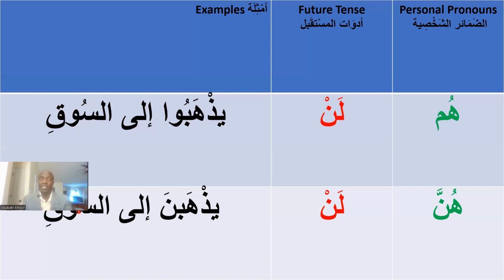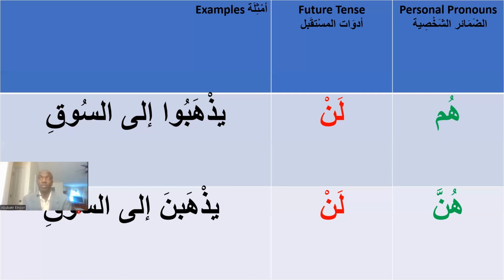If you are addressing a female singular, will not go, the noon is dropped here. And also, if you are talking to two people in the second person, the noon is dropped. And if you're talking to a group of people, plural masculine, the noon is dropped and an alif is added.